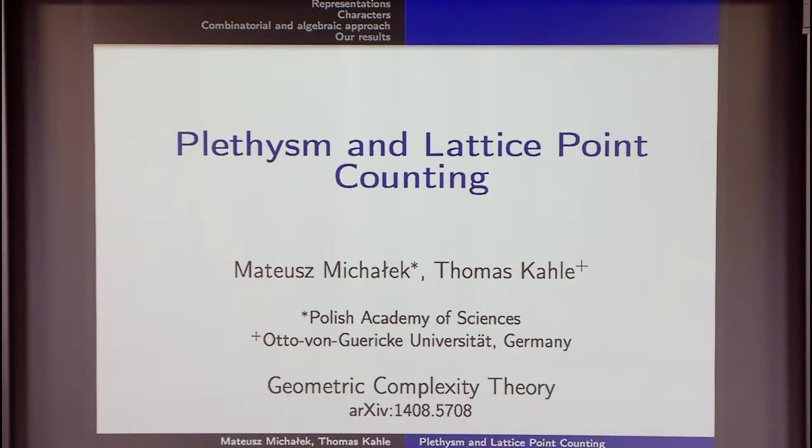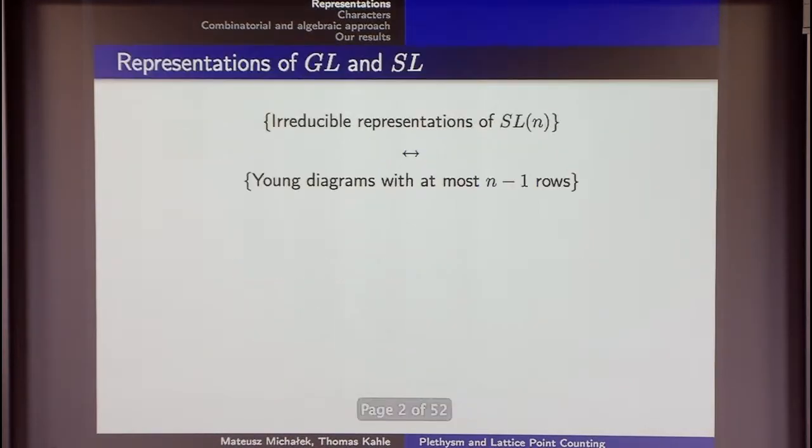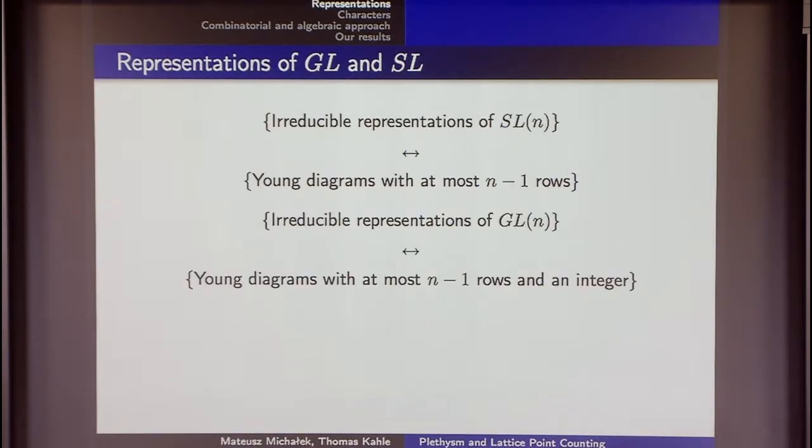So to show you how easy my talk is, I will start by reminding that irreducible representations correspond to Young diagrams, and I will even say more how one can think about it. Namely, I would like to think about it in terms of Schur functors. So to a Young diagram, I associate a Schur functor.